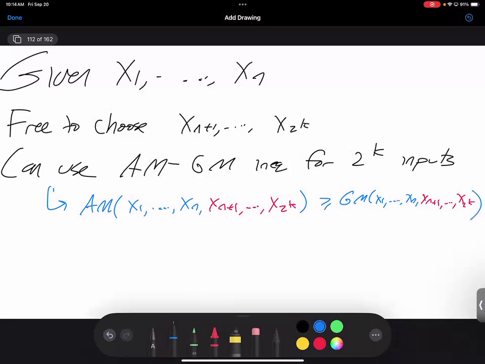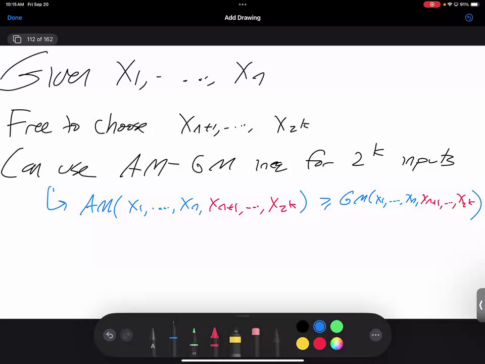We know that is true. So we want to come up with good choices of the red x's so that this reduces and gives us that the arithmetic mean of the first n is greater than or equal to the geometric mean of the first n. So it's overshooting, because we know it's true when we have 2 to the k inputs, but we want to do it for n inputs.